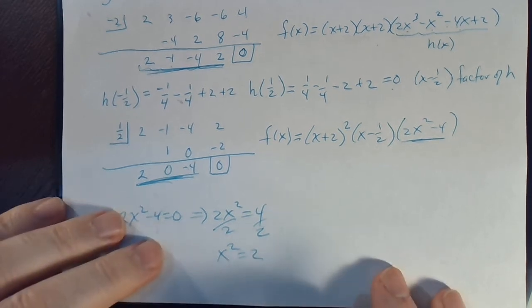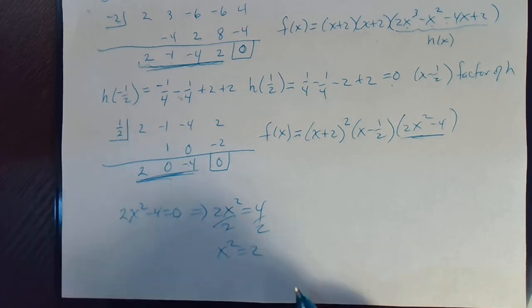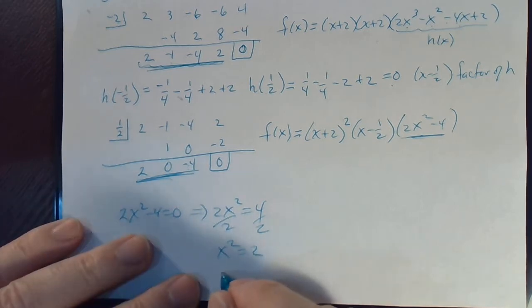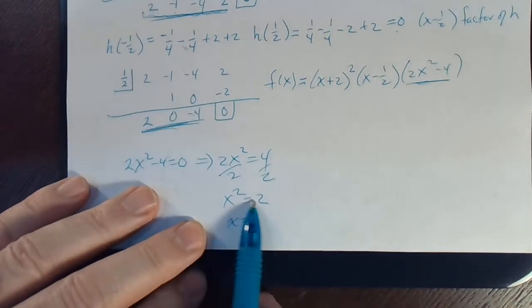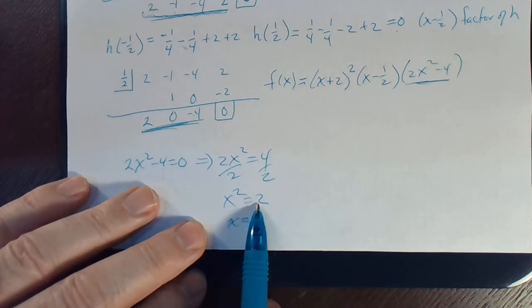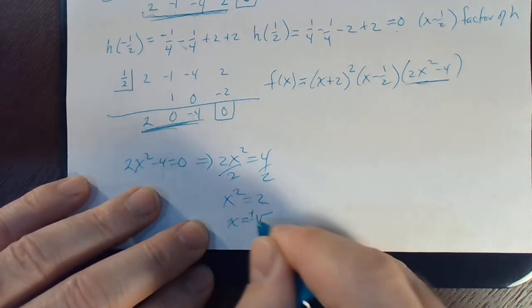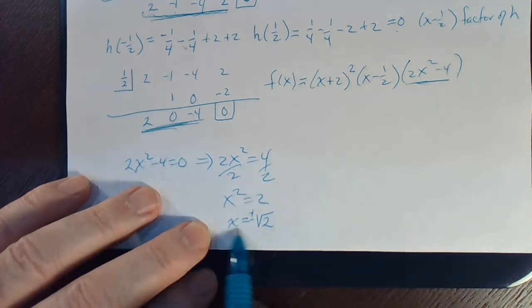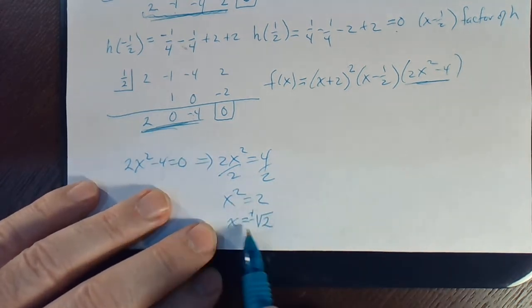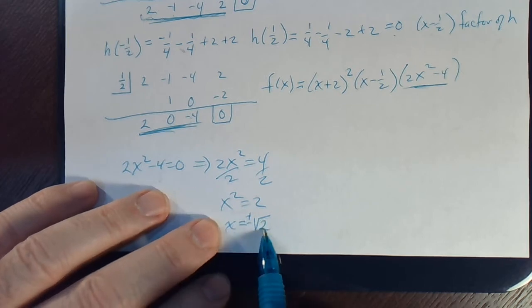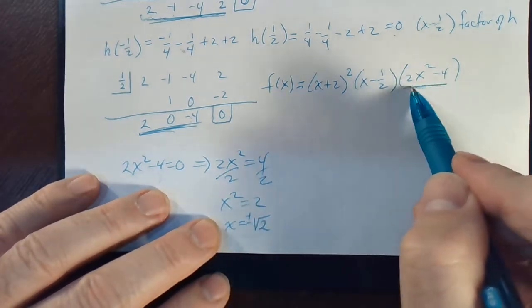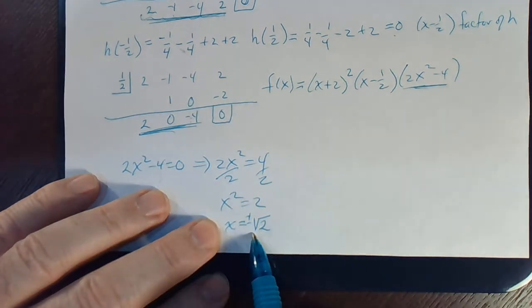So x, using the square root property, is plus or minus radical 2. Correct? So those are the zeros of this term, and the factors would be x plus radical 2 and x minus radical 2.